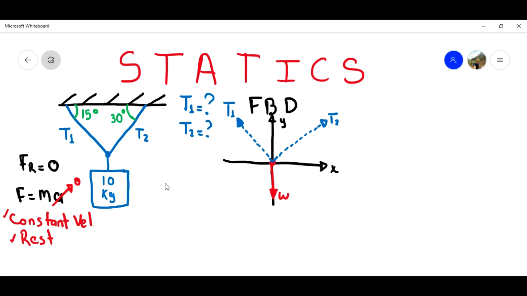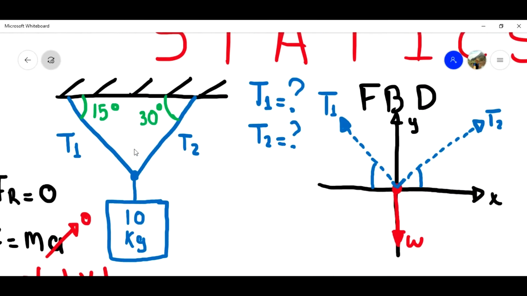Remember that we don't want those tensions, we need the rectangular components, because those rectangular components are over the x and y axes of my Cartesian plane. In order to do that, I need this little angle over here and this little angle over here. If you see the drawing, I don't have that angle.